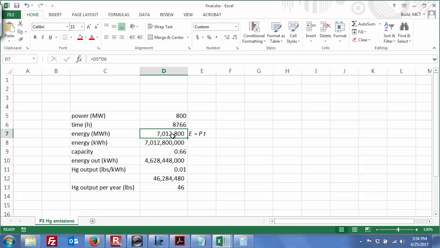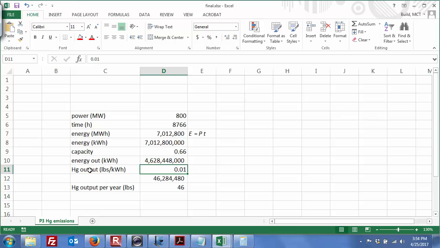So that's the energy in megawatt hours, the megawatts times the hours, if it was running all the time. Now I converted it to kilowatt hours, multiplied by 1,000. Here's the capacity. So it didn't make 7 billion kilowatt hours of electricity, it only made 4 billion. This was only running 2/3 of the time.